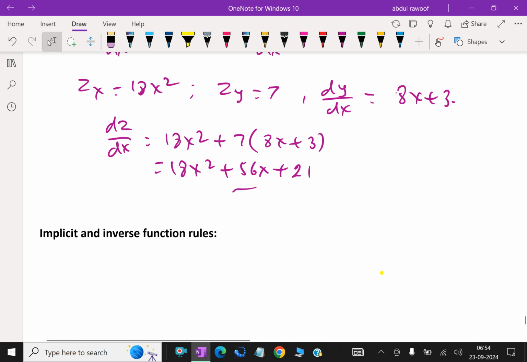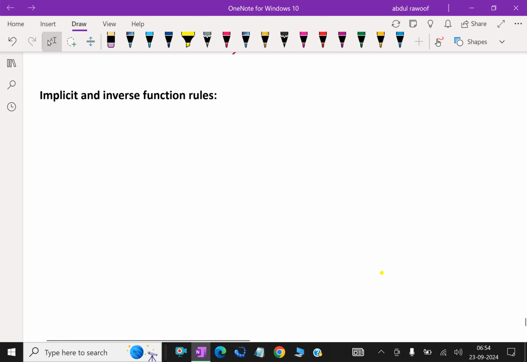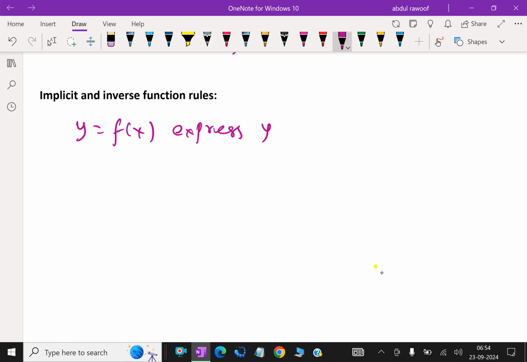Next one, implicit and inverse function rule. Here y equals f of x, so y is expressed explicitly in terms of x.